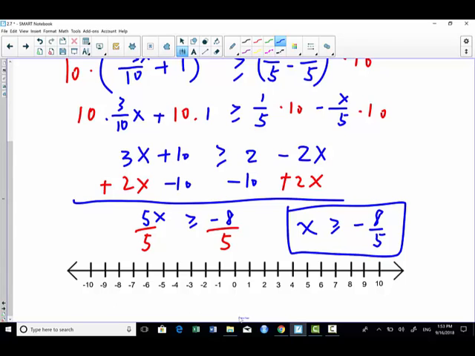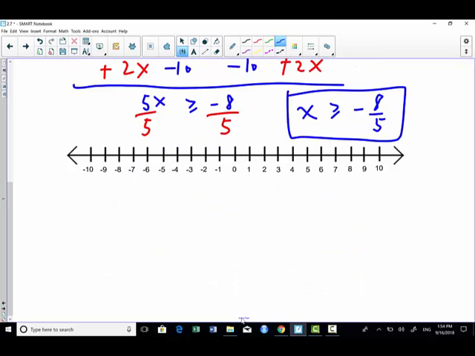But notice that negative 8 over 5 is equal to negative 1.6. So it is a number in between negative 1 and negative 2. So you can use a point in between negative 2 and negative 1 to represent negative 8 over 5.